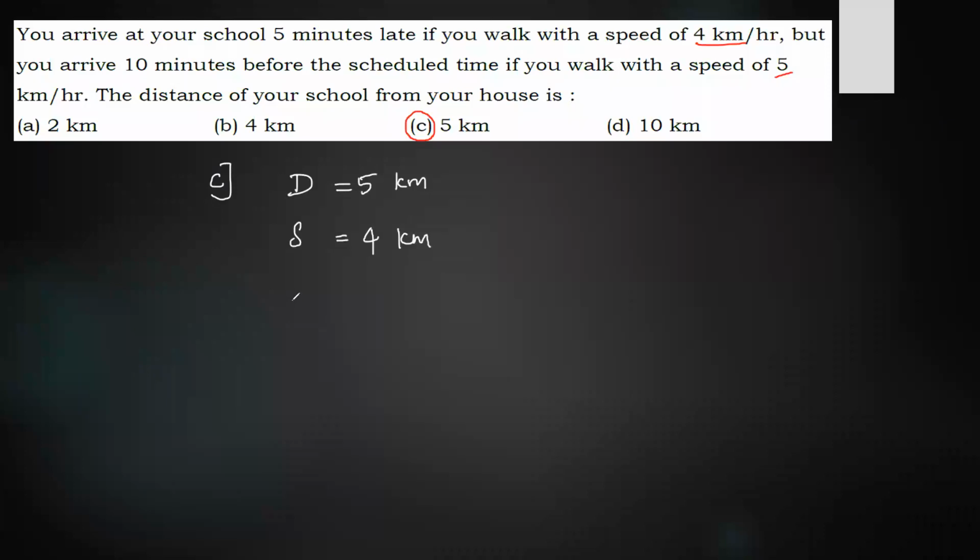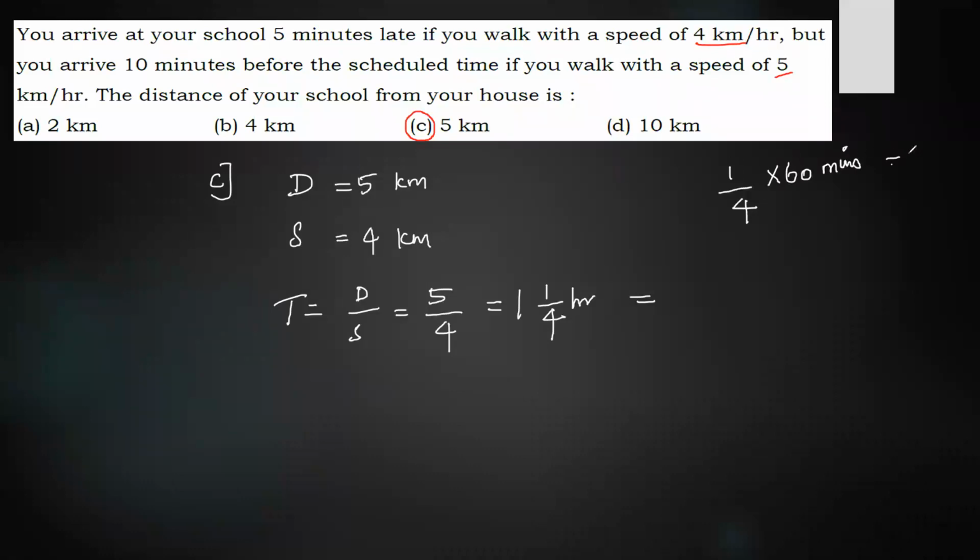We know the speed is 4, right? So what is the time taken? Distance by speed, so 5 by 4. What is the value of 5 by 4? It is 1 and 1 by 4. So 1 by 4 hour is equivalent to how many minutes? 1 hour is 60 minutes, so 1 by 4 hour multiplied by 60 is 15 minutes.